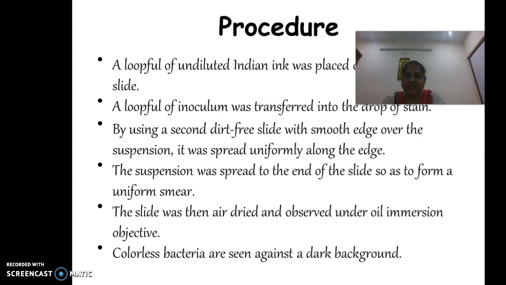Then, using a dirt-free slide with a smooth edge over the suspension, it is spread uniformly along the edge to the end of the slide to form a uniform smear, and then the slide is air dried and observed under oil immersion. The colorless bacteria are seen against a dark background. This is what we observe after the negative staining procedure.